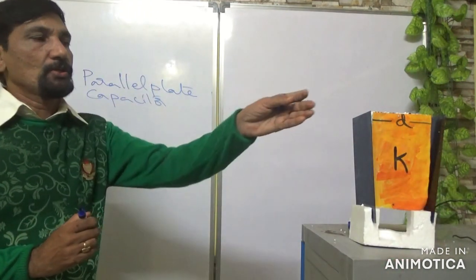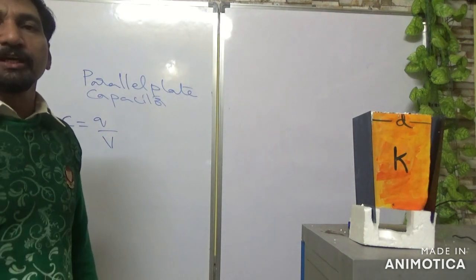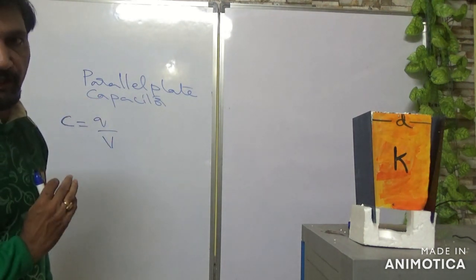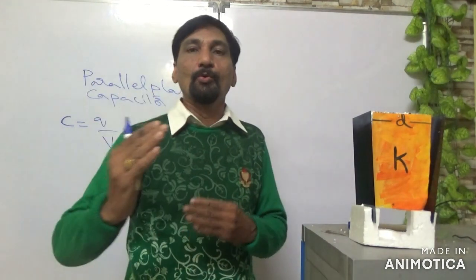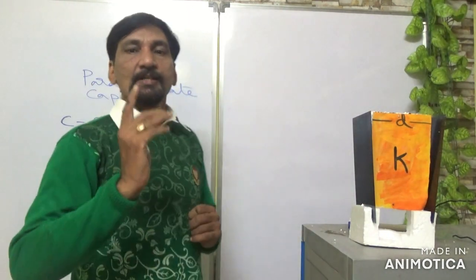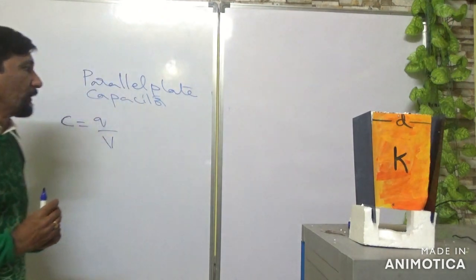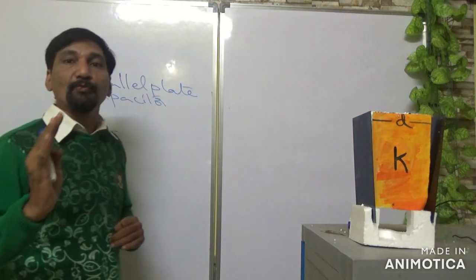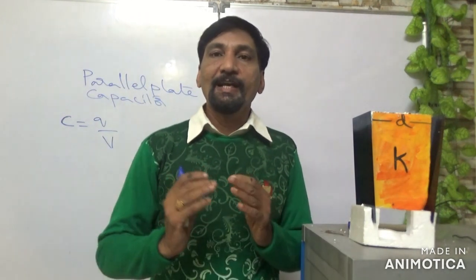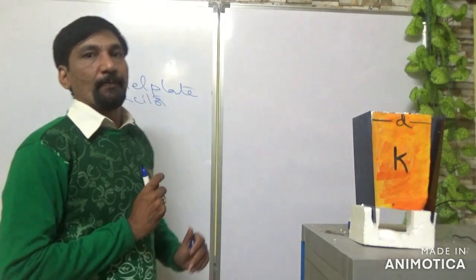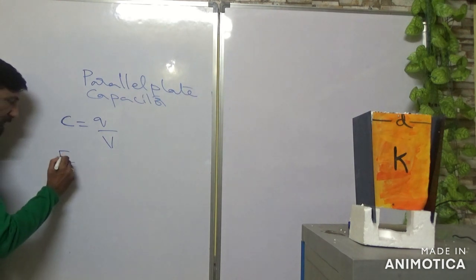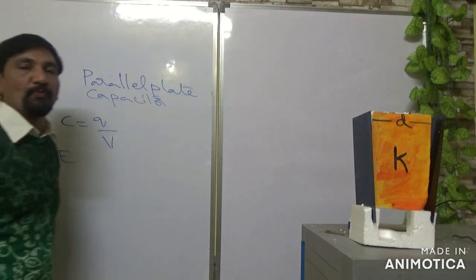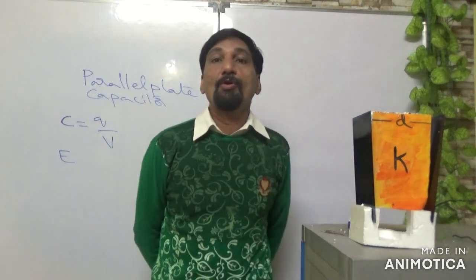The charge is known, so you only need to find the potential, which is related to the electric field strength. So before finding the potential, you need the electric field strength, which we can find using Gauss law.